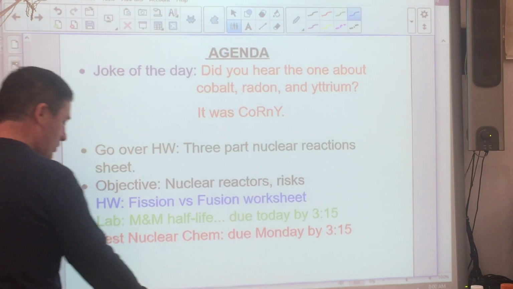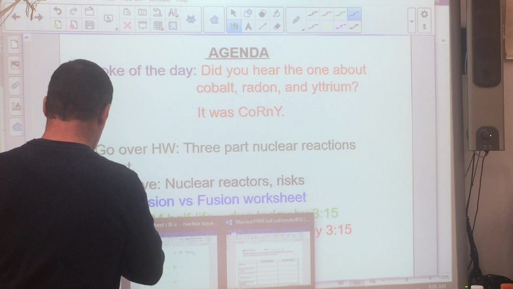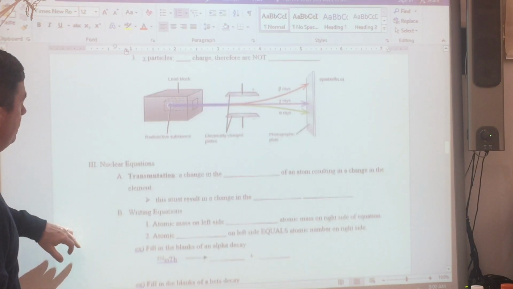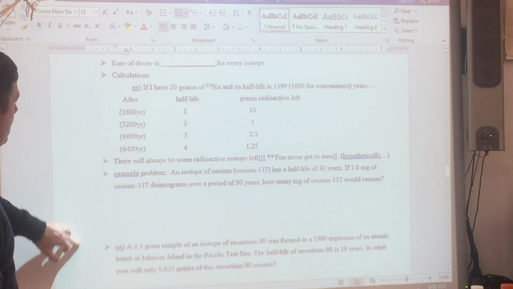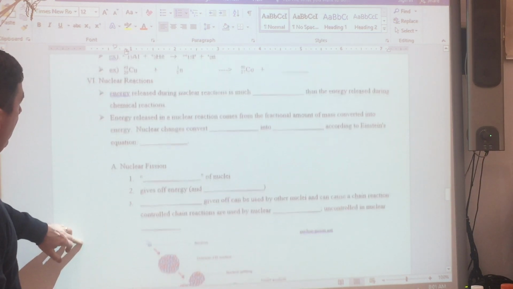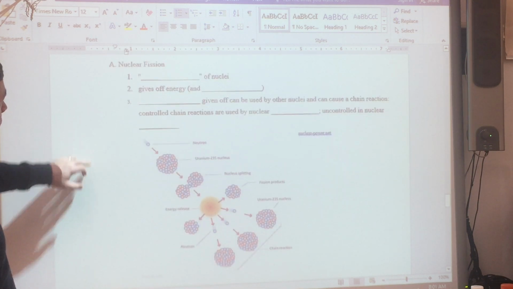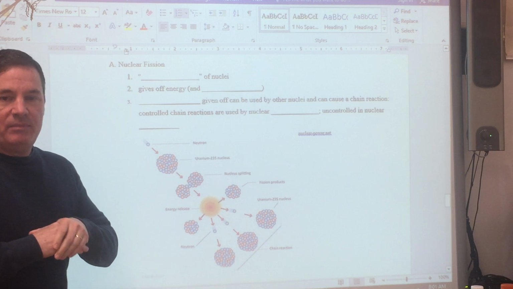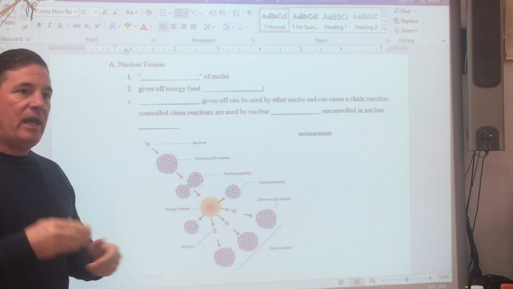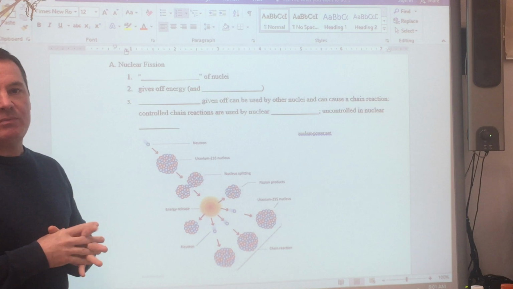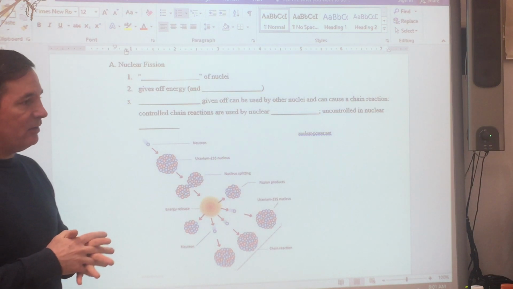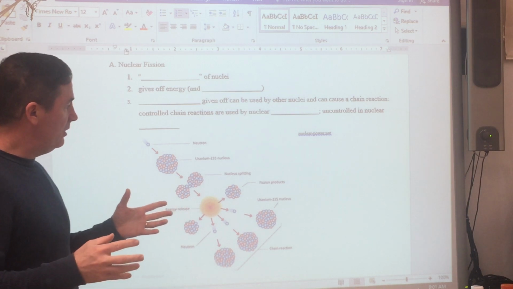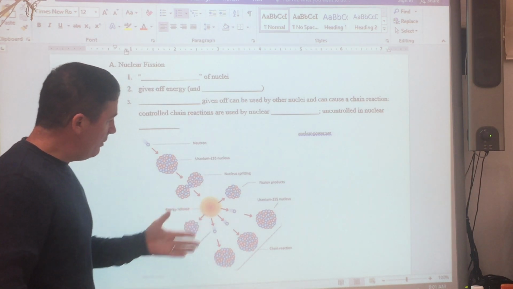We're going to be learning about nuclear reactors. All right, scan up. We should be pretty good with nuclear decay and half-lives. Yesterday we learned about nuclear fission, which is essentially taking an atom and blasting it with some sort of particle through a collider and having that break apart, and when it breaks apart it releases energy.